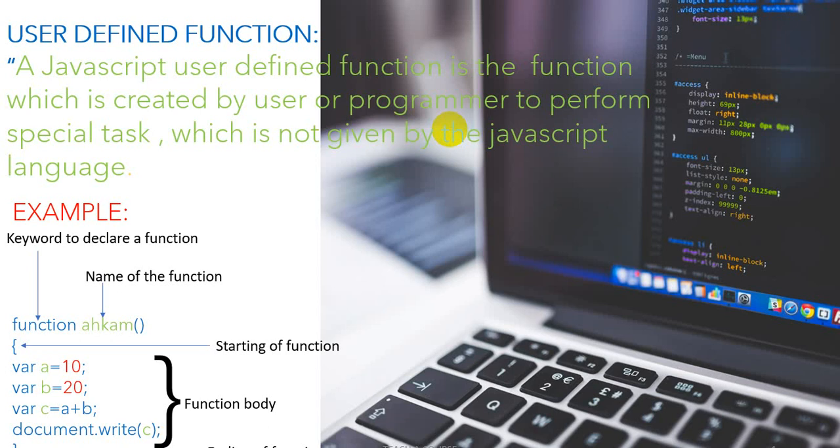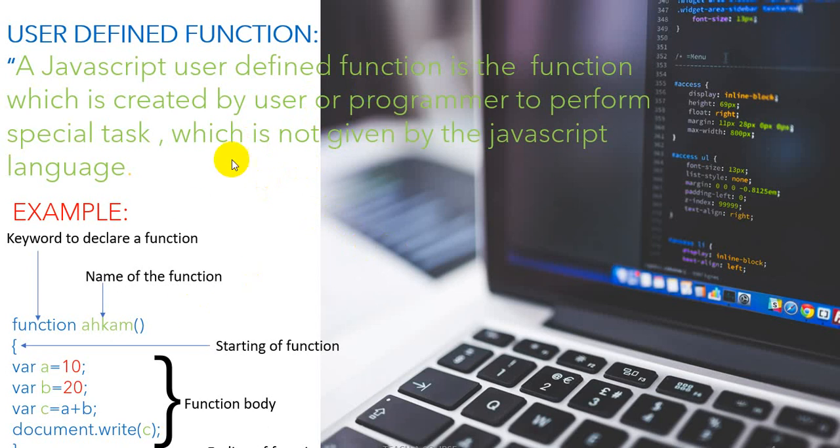So if you are going to create a function, there might be some special planning. Every function has its special work or special use. On the basis of your requirement, you have to create a function. If you create it, it will be called a user defined function.